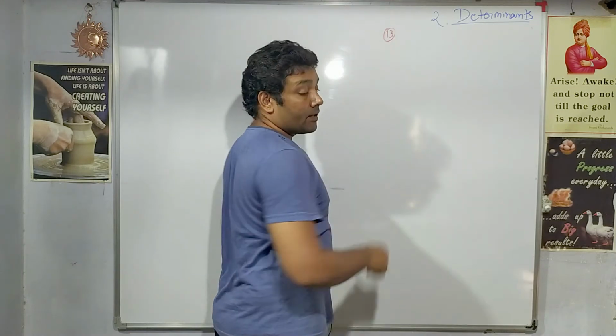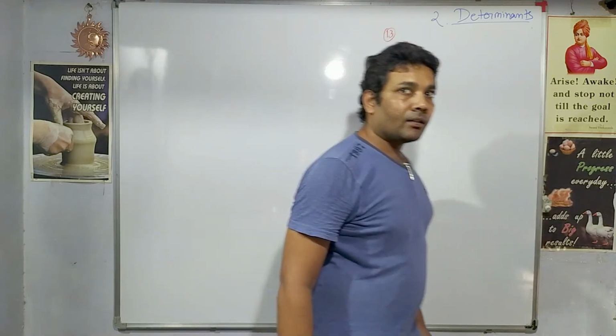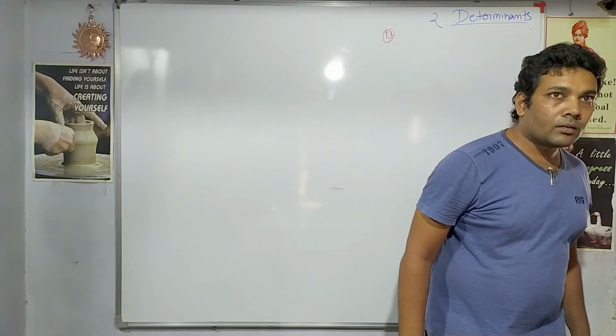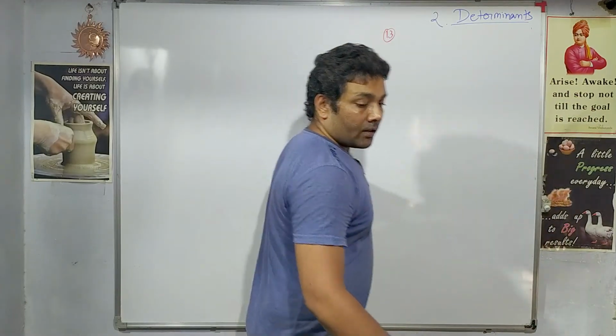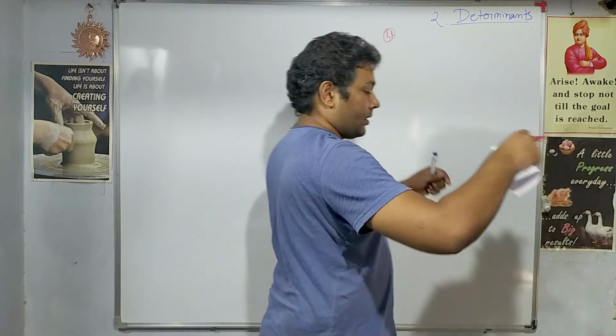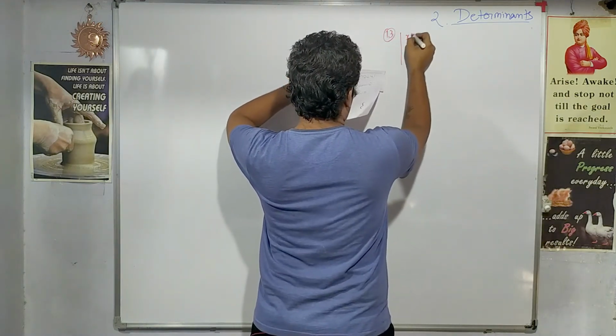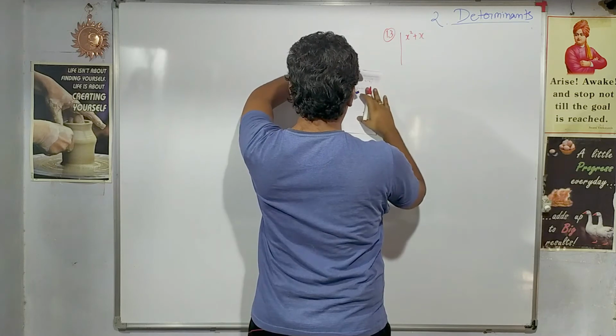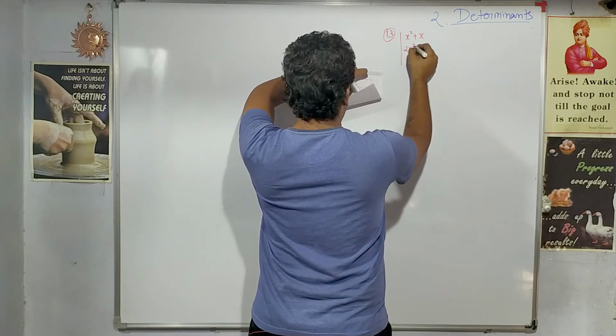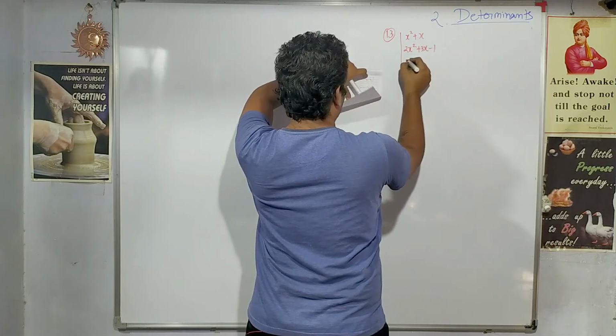Question number 13 is a different one. It says prove in the format of x plus a x plus b, with entries x square plus x, then 2x square plus 3x minus 1.